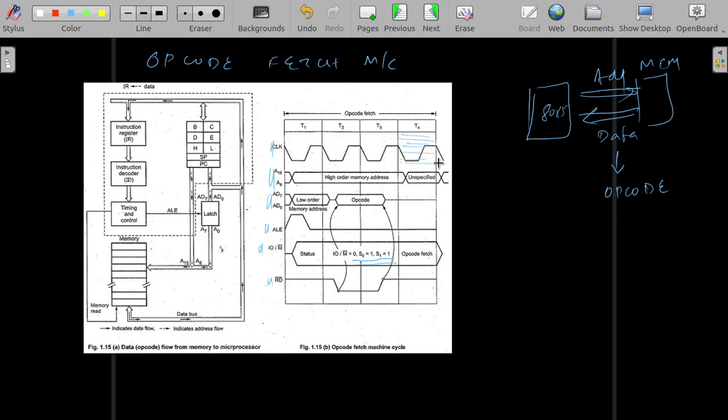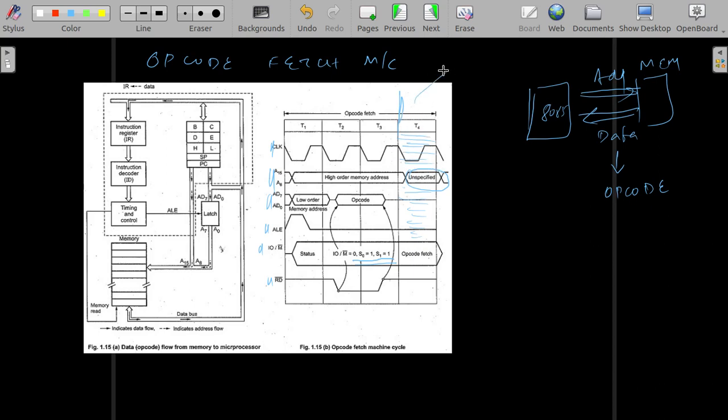For T4, here if you see, this is given as unspecified. Actually, up to T3, the reading of the opcode is being done. Then the read is complete. For any memory read operation, it takes only 3 T states if it is a single byte. So what is the purpose of this fourth T state?